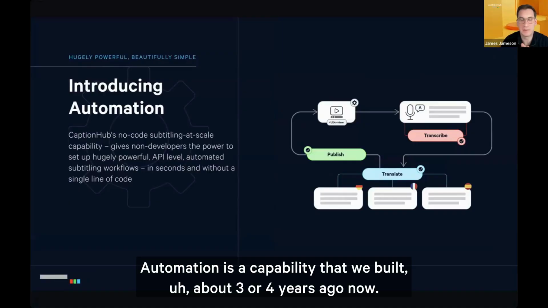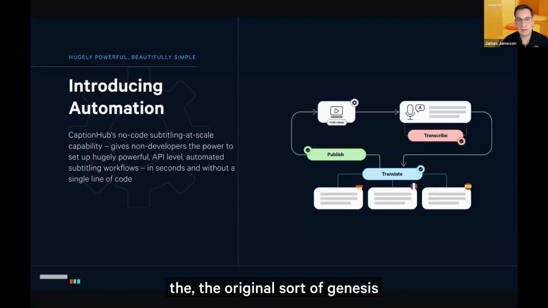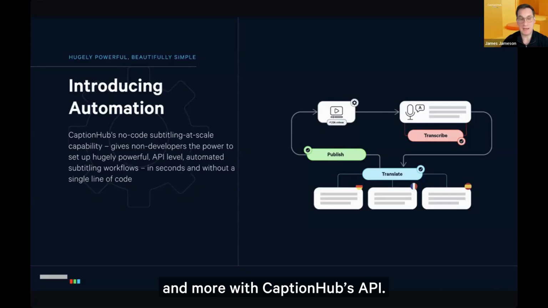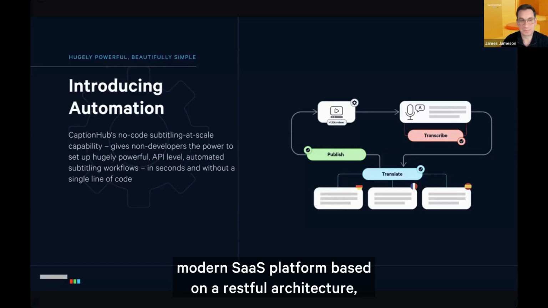Automation is a capability that we built about 3-4 years ago now, and we've really leaned into the whole capability. The original genesis for this came from, we saw that our customers were wanting to do more and more with CaptionHub's API, and there's a lot in CaptionHub's API as a modern SaaS platform based on a RESTful architecture.